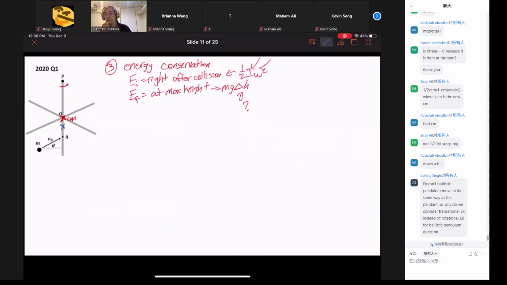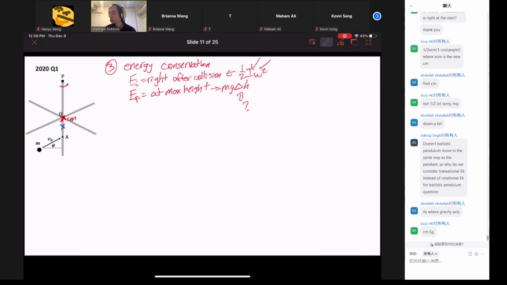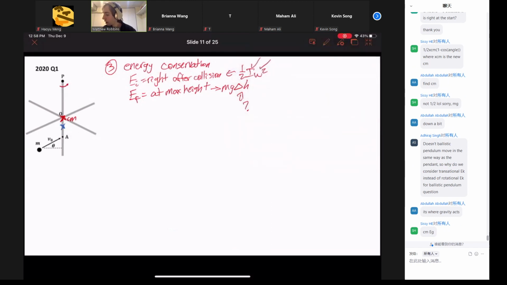So let me ask you this question. Why do we care about the center of mass? How is that going to help us? How does center of mass relate to potential energy? Right, it's where gravity is acting. So if I draw a diagram, here I'll just draw a diagram of a general system. We have some system, and this is the location of my center of mass. Here's my pivot point.